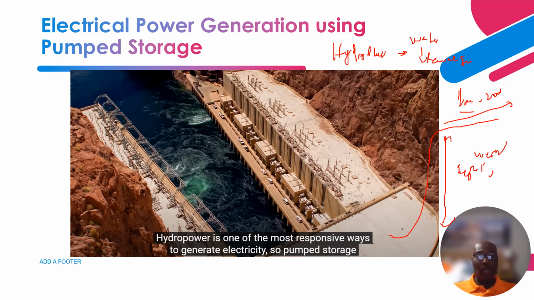What is done is you have piping that is connected to this dammed water, which has a lot of energy that comes downstream. This is called penstocks. So the piping is called penstock.